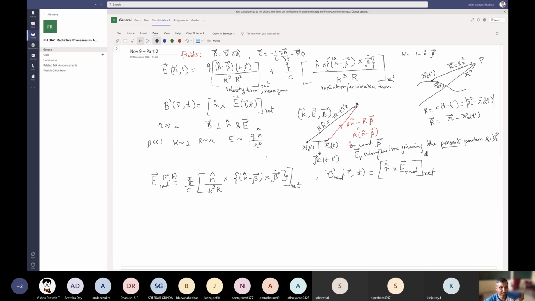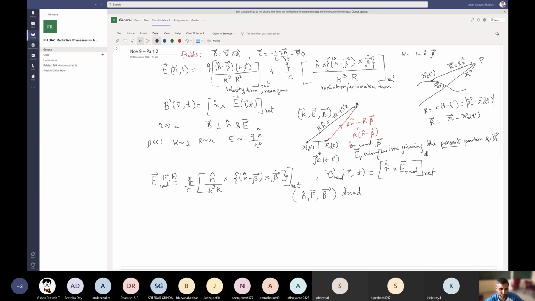Again, here, the velocity term can have an electric field which is along n hat. So E, B, and n hat are not a triad in general. But for the radiation term, n hat, E hat, and B hat are a triad. How do we see that? You can see that n hat dot this is 0, because this is n hat cross some other vector.